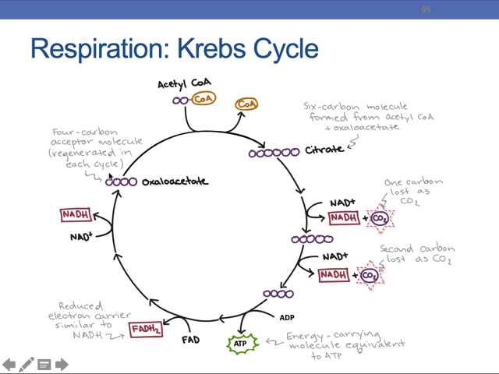So you have isocitrate formed here. Isocitrate then loses 1 carbon as carbon dioxide, and in the process you have NADH produced, and then it becomes alpha ketoglutarate. Alpha ketoglutarate also loses 1 carbon atom as carbon dioxide, and in the process you have NADH also produced. And so alpha ketoglutarate then becomes succinyl-CoA.